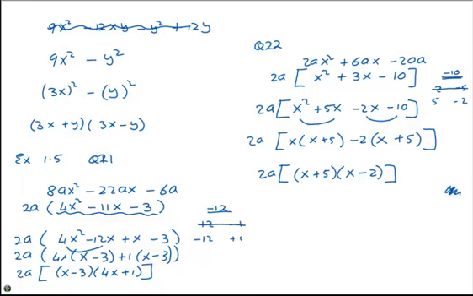Okay, and the last question then here on this one is question 24. I'll tell you what, I'll put that in the next page. So question 24, a long question. You've got 2x plus a, 4x.